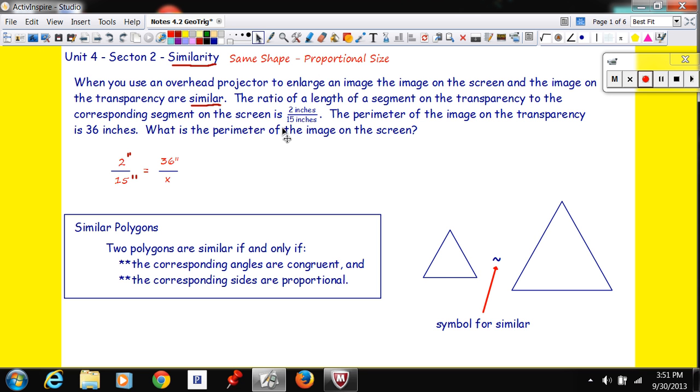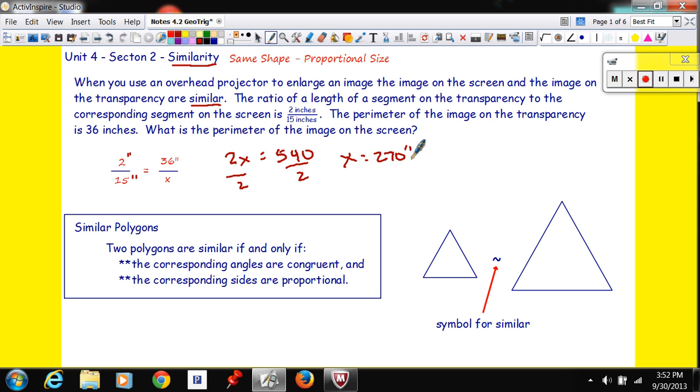So what we're going to do is we're going to cross multiply. So we would get 2x equals 540, which is 36 times 15. So you get 2x equals 540, and when you divide by 2, you get x is 270.